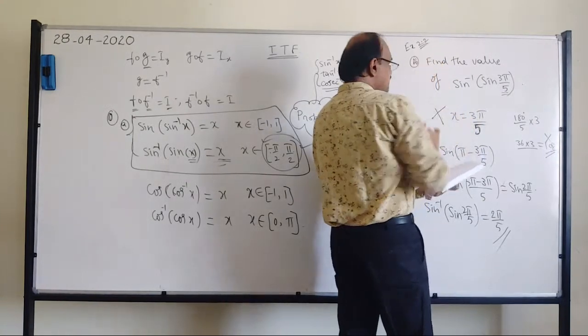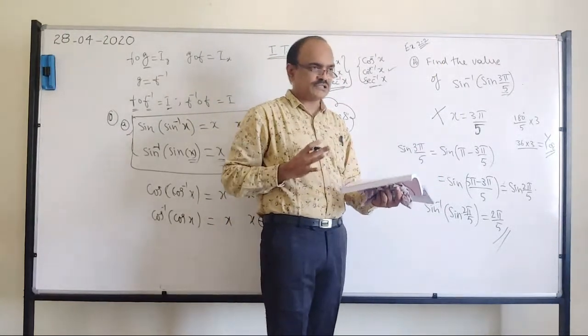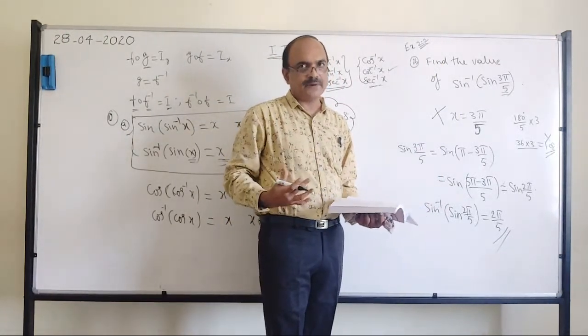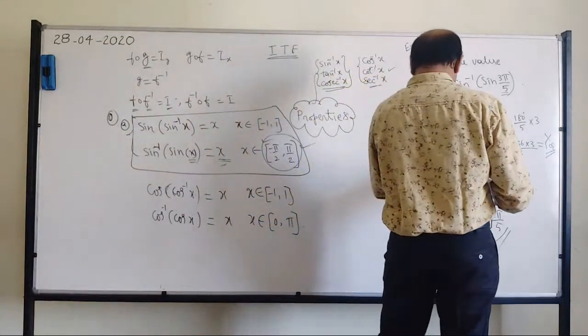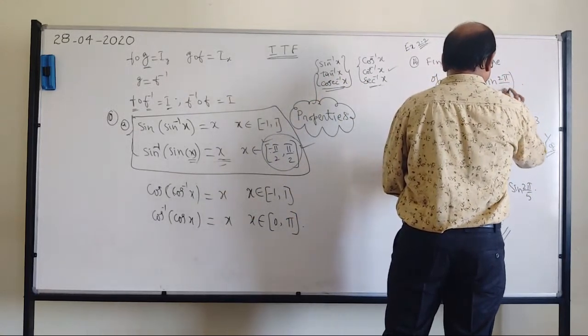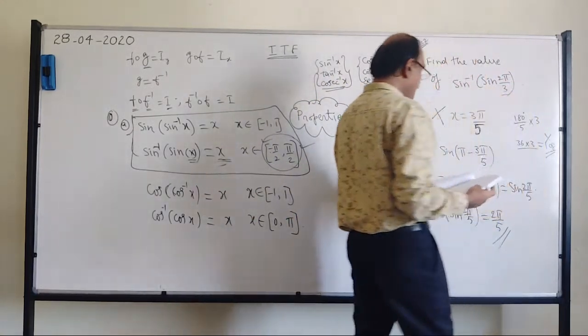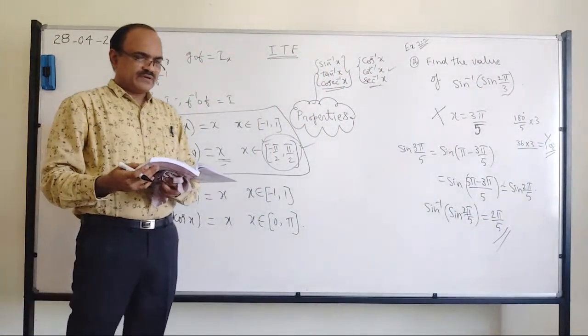The questions here are not organized based on the concepts, so I am trying to organize the questions for you based on each property. So question number 16: sine inverse sine of 2 pi by 3. Just the value is changed here. Please do it now, tell me quickly. Now I want to see the answers.